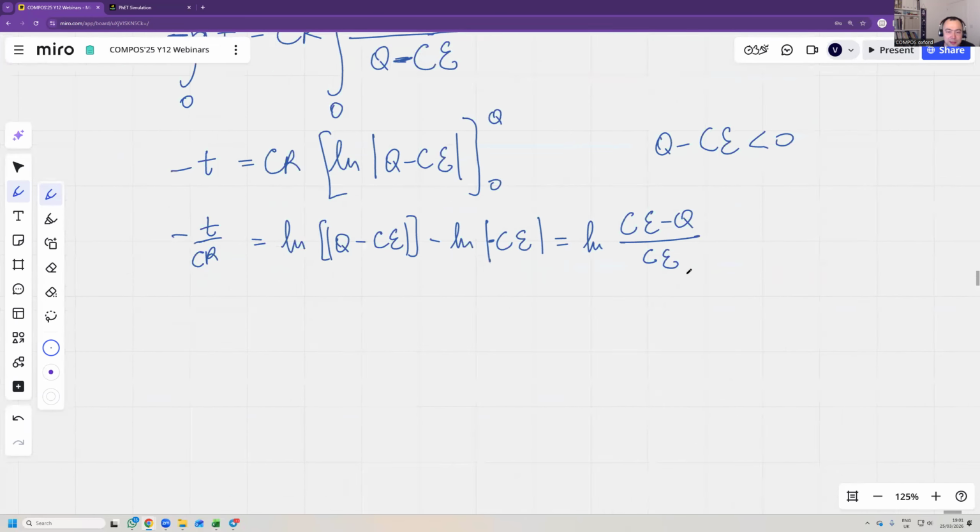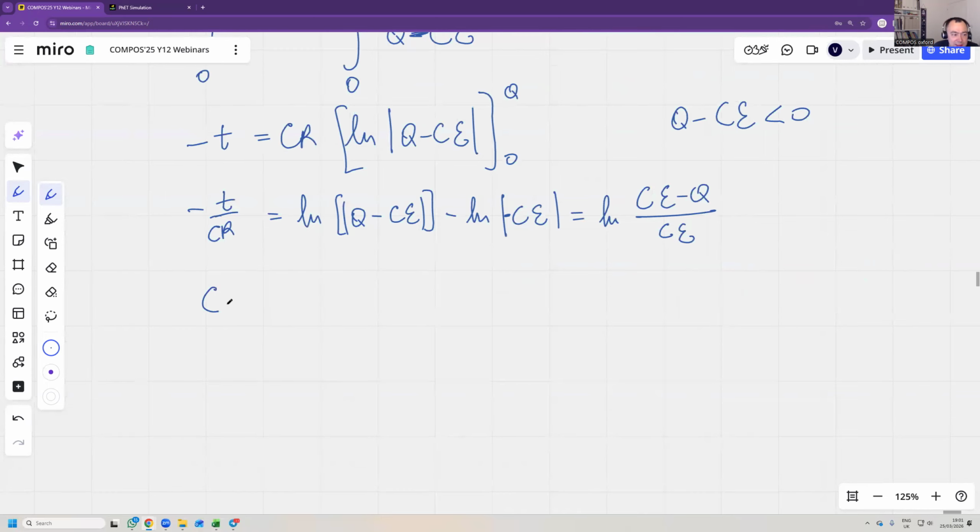Okay, and now I can rewrite this as C EMF minus Q over C EMF is equal to e to the power minus t over CR.